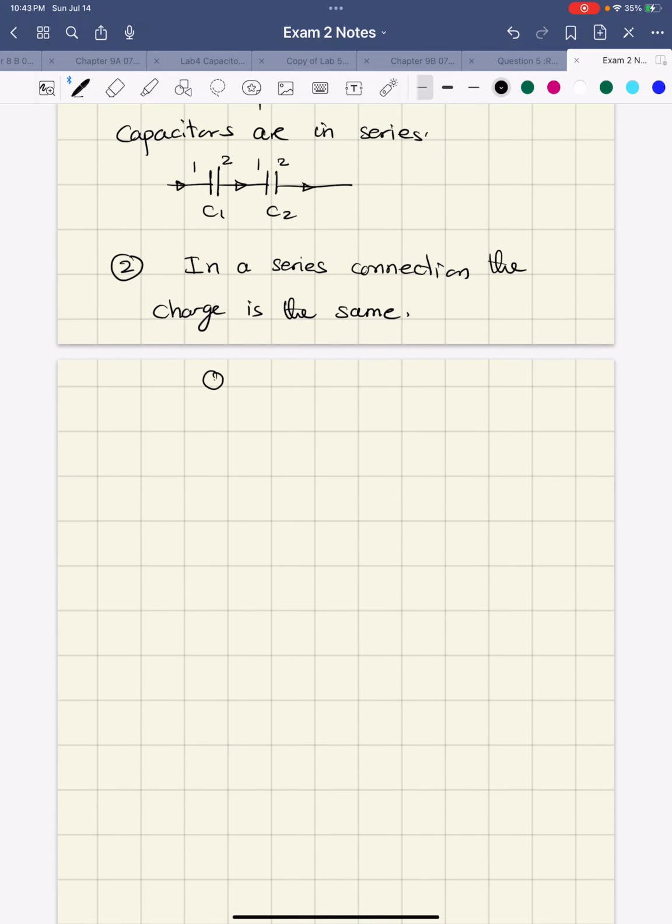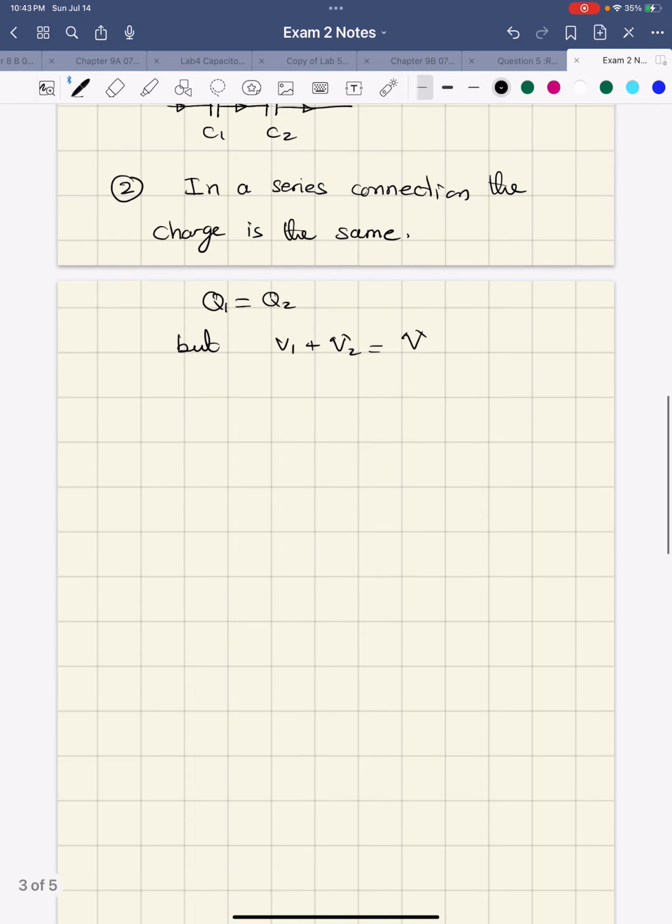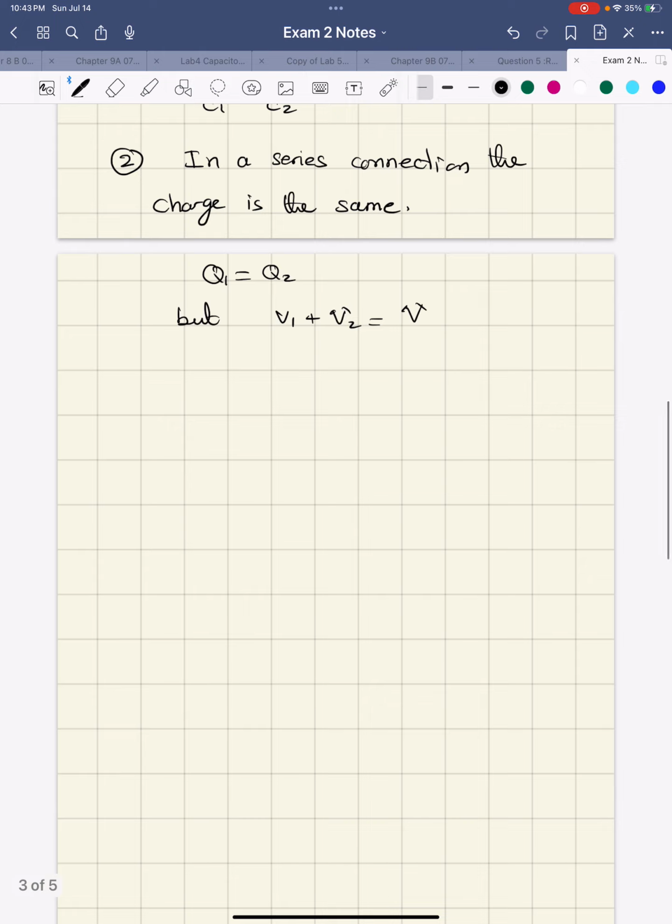Then here I can say Q1 equals Q2, but of course V1 plus V2 equals the total V. It depends on what the total voltage is, but their charges are really the same.